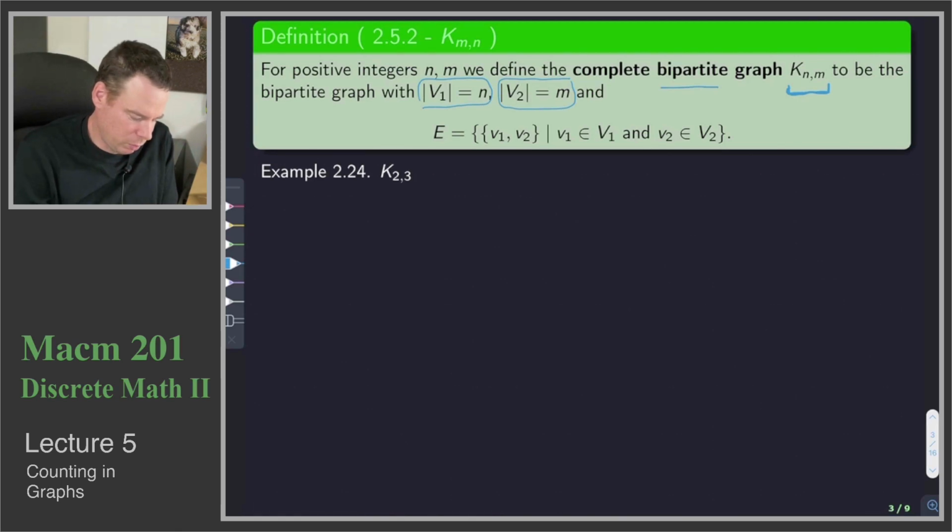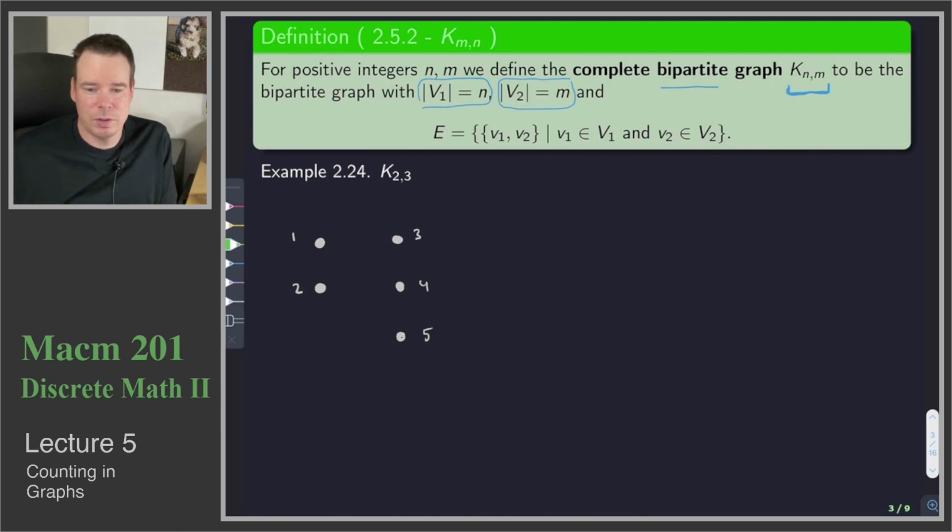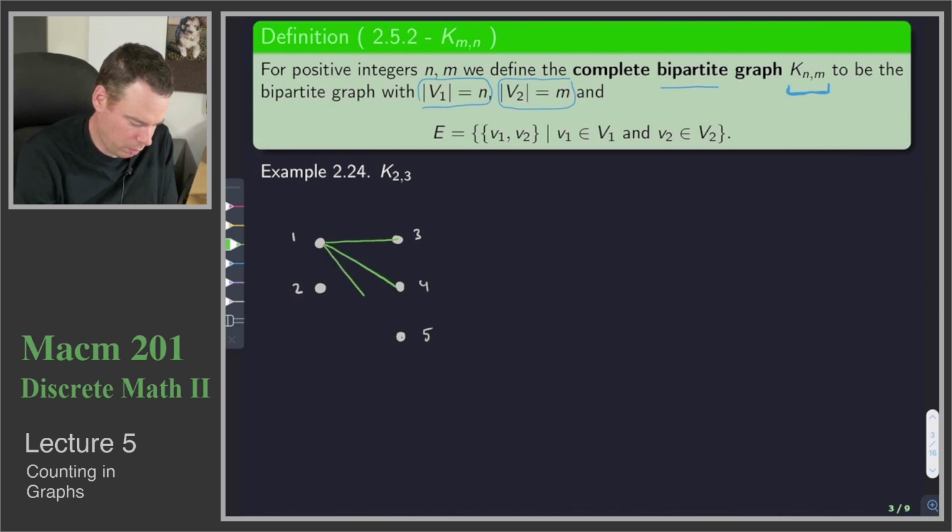So for example, if we want to draw our K2,3 graph, here's two vertices. Let's label them 1 and 2. And then we've got 3 vertices in the other half of the bipartition. We'll call those 3, 4, and 5. And the edges go from one of the vertices in one of the sets to a vertex in another set. Since this is a complete graph, all edges are possible. So we've got 1,3, 1,4, 1,5.